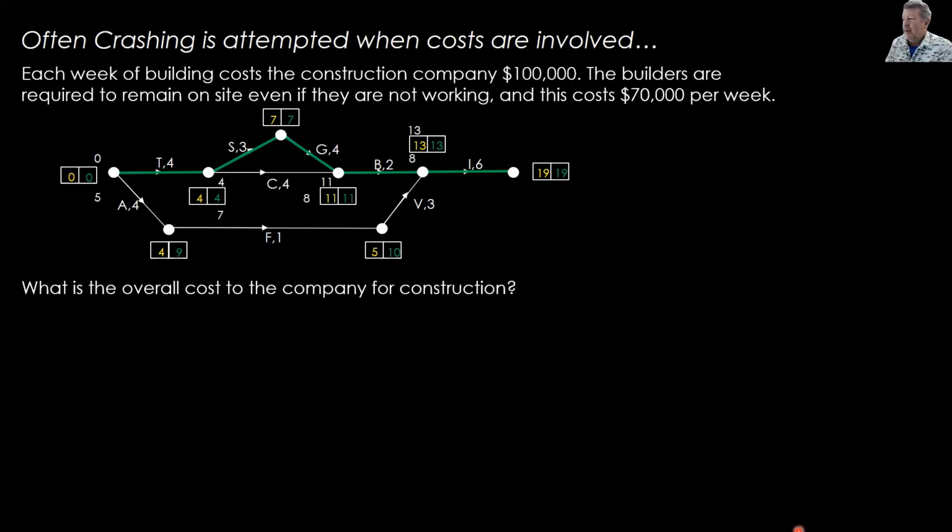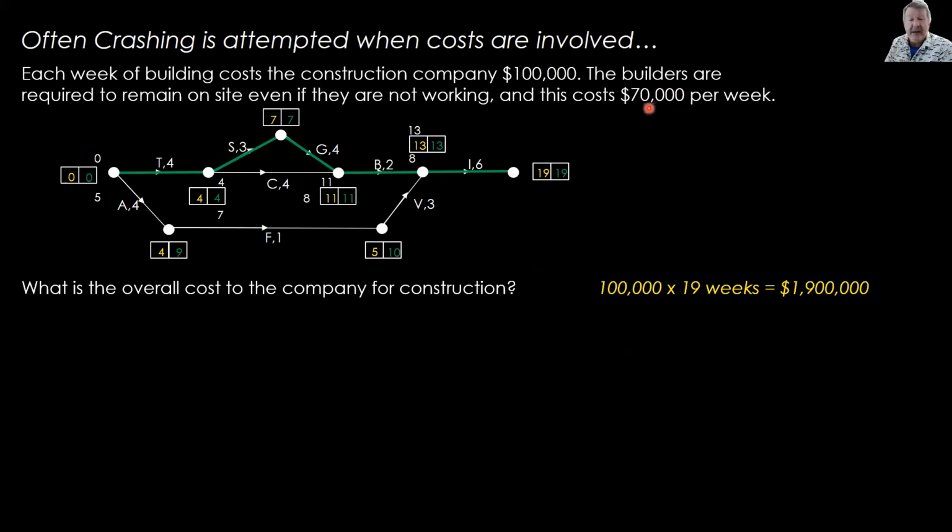Well, let's have a look at this. Construction is $100,000 and there's 19 weeks. So we can just say $100,000 times 19 weeks is, well, $1.9 million. Now, remember, it's not just about the construction though.